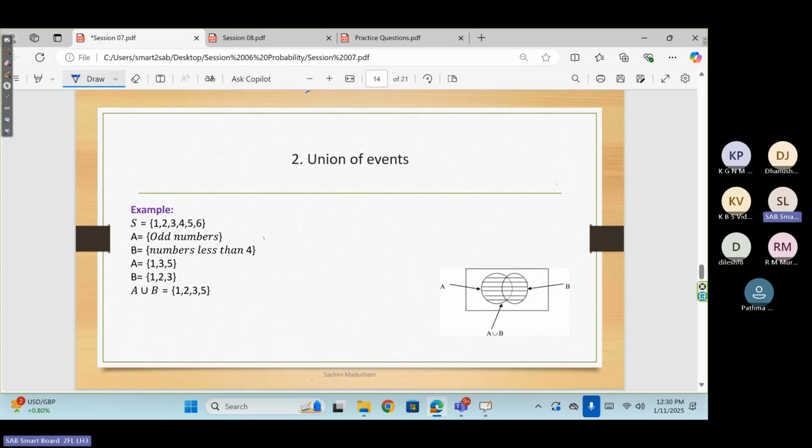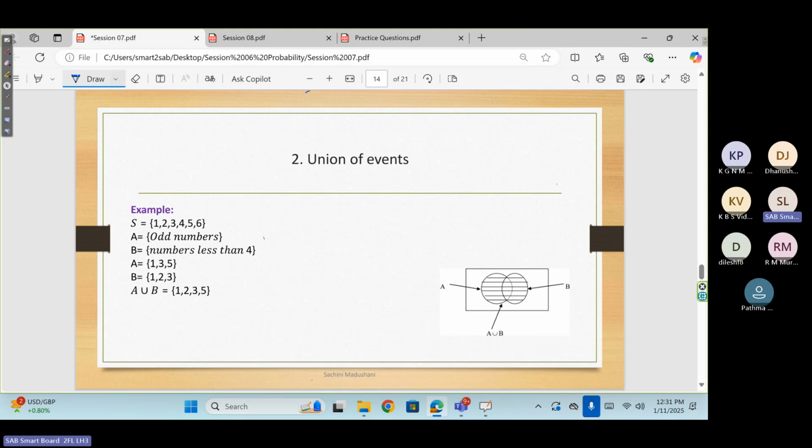Union. Union means we take the two events, and we need to get the outcomes of the union of these two events. It means all the elements in both events, all the elements, not just the common. Clear?